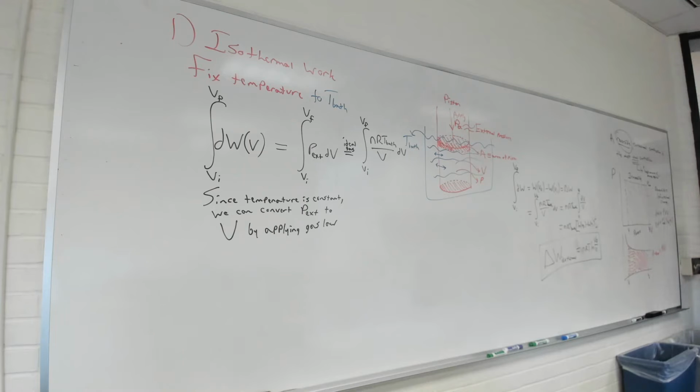But you see the difference here? When we do a reversible compression, a slow compression or expansion, the amount of work we do is just the area under the curve. But when we do an irreversible expansion, which is where we just pop the lid, we're doing this extra amount of work right here. I'll just color it in.